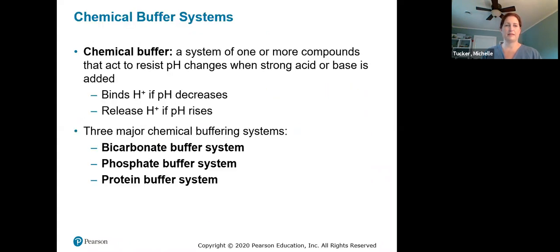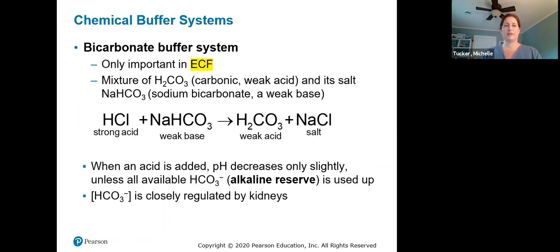Okay, we went through this. For chemical buffer systems, there are 3 systems. For the bicarbonate buffer system, and I have a summary slide after we finish discussing each one.